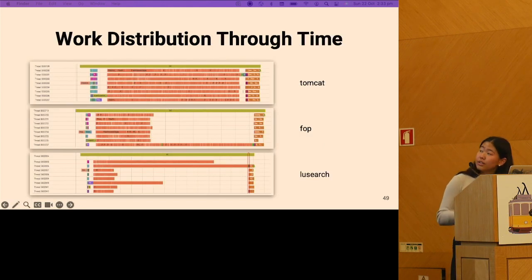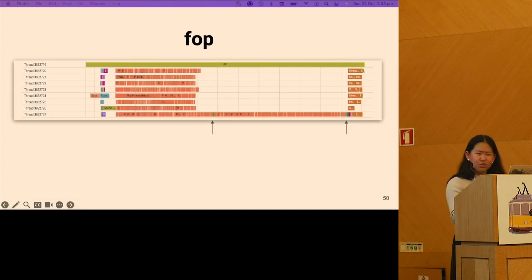Next we'll look at work distribution through time, and we've got the 2 that didn't scale very well, FOP and Lusearch, and Tomcat is up the top just as an example of good load balancing. And here tracing makes it extremely clear visually that we have a load balancing problem in these 2 poorly performing benchmarks. So let's zoom in a bit. This here is just looking at FOP, same picture as before.